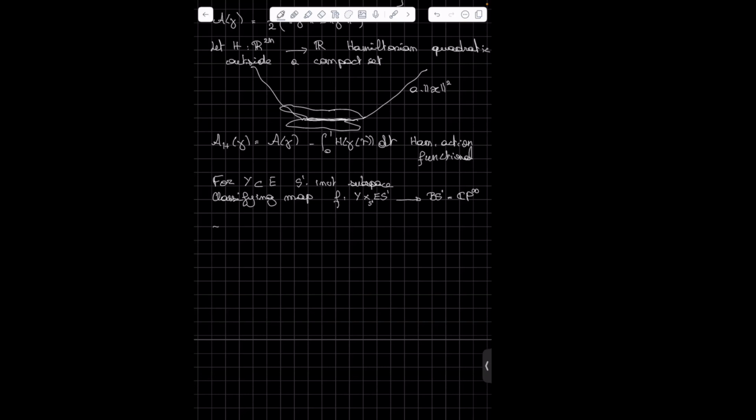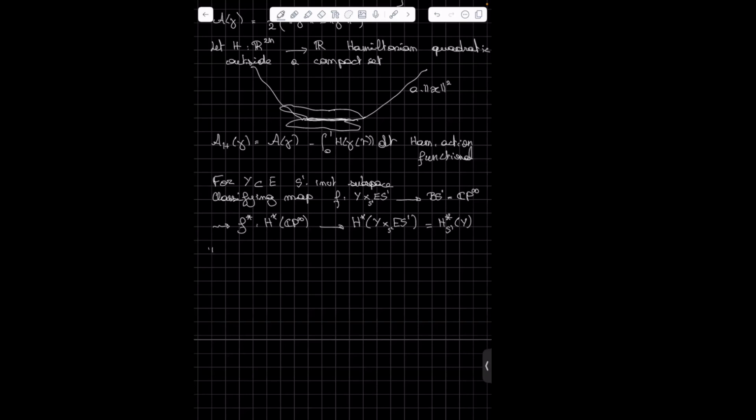And that induces a map in cohomology. So I have a map f star from the cohomology of CP infinity to the cohomology of this product of Y times ES^1 quotiented by the diagonal S^1 action. And that is precisely the Borel definition of the S^1 equivariant cohomology of Y. In the case where the S^1 action on Y is free, that cohomology is the cohomology of the quotient of Y by this free S^1 action.